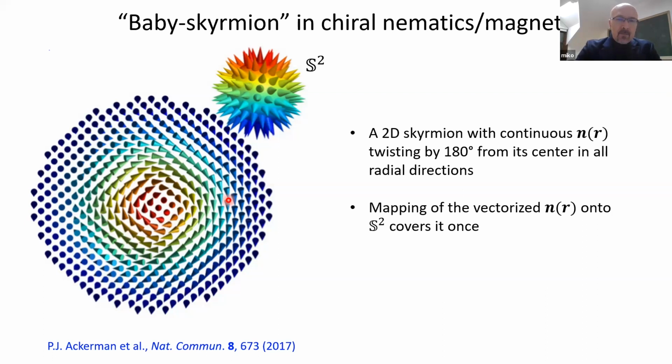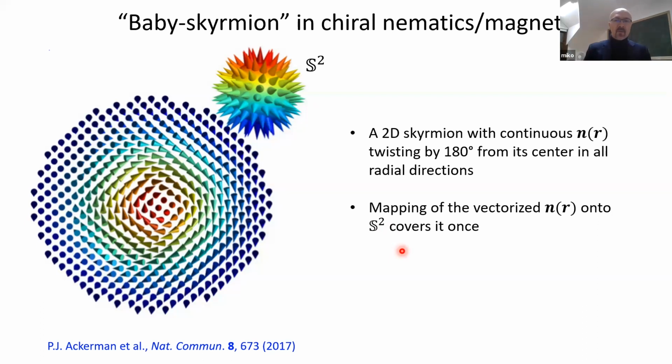Now if you would map these configurations to the other parameter manifold, which for the magnetization field or vectorized director is the 2-dimensional sphere, you will realize that this mapping would cover the sphere completely once. So all points on the sphere would be visited, or all orientations are realized in these 2-dimensional configurations. So we say that this mapping of the vectorized director onto the sphere S2 will cover it once.